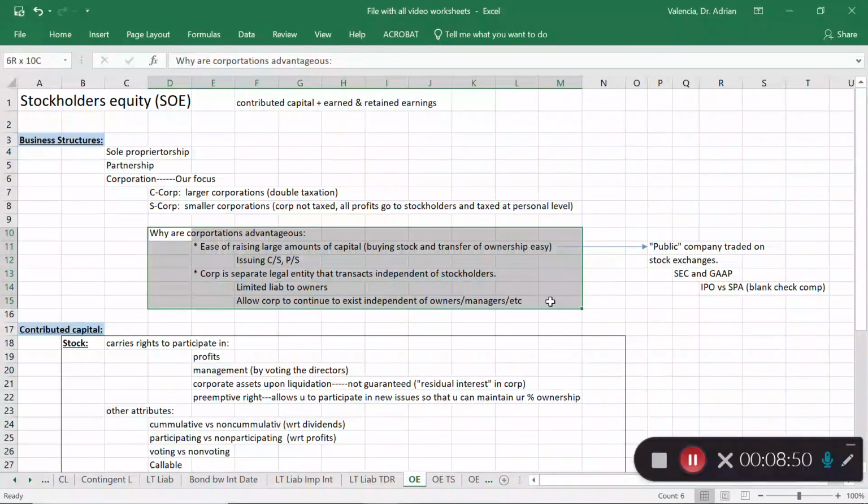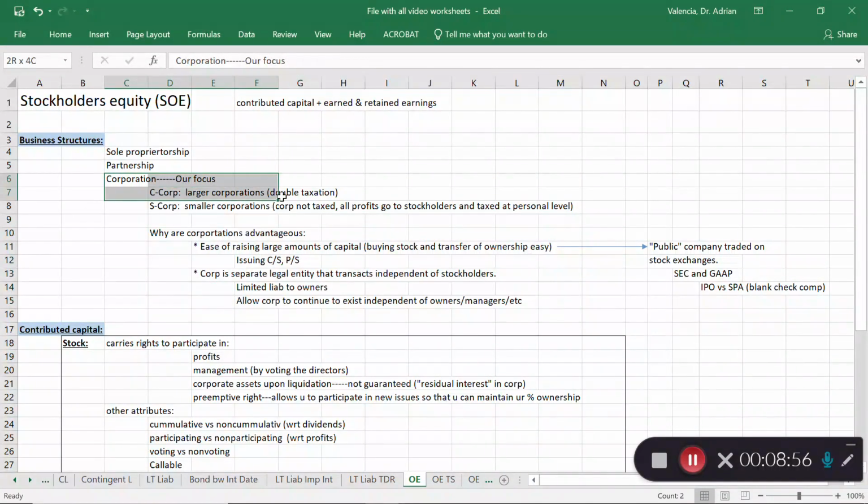Now, if you do set up your company as a corporation and you issue shares to the public to raise capital, then at that point, as this little side note says, that's a public company. If it's traded on the stock exchanges, New York Stock Exchange or such, then we refer to this as a public company.